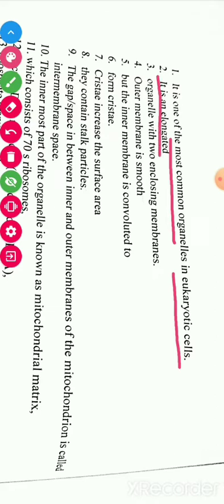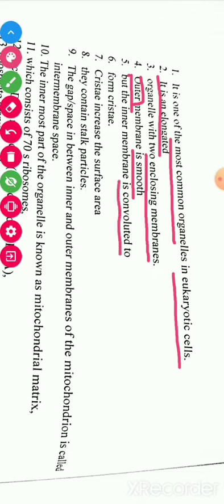It is an organelle with two enclosing membranes, the inner membrane and the outer membrane. The outer membrane is smooth, but the inner membrane is convoluted.